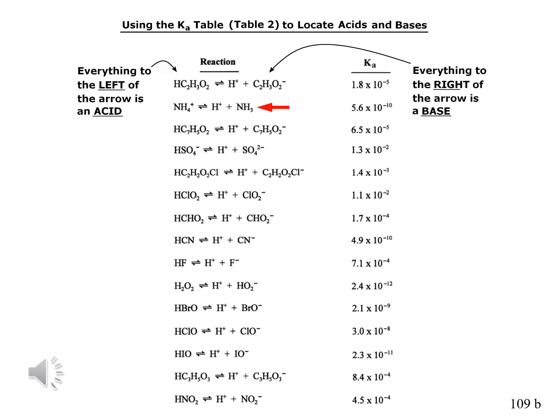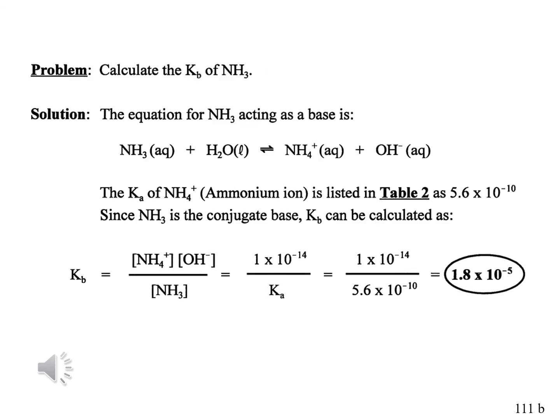Ammonium is on the left of the arrows, NH4+, and that is a weak acid. So ammonium and ammonia are two completely different substances. One is an acid and one's a base. And the number in the table that you see for Ka corresponds to NH4+. We want to use that to get the Kb for ammonia. So we're going to take 1 times 10 to the minus 14 divided by the Ka, and that gives you the Kb.